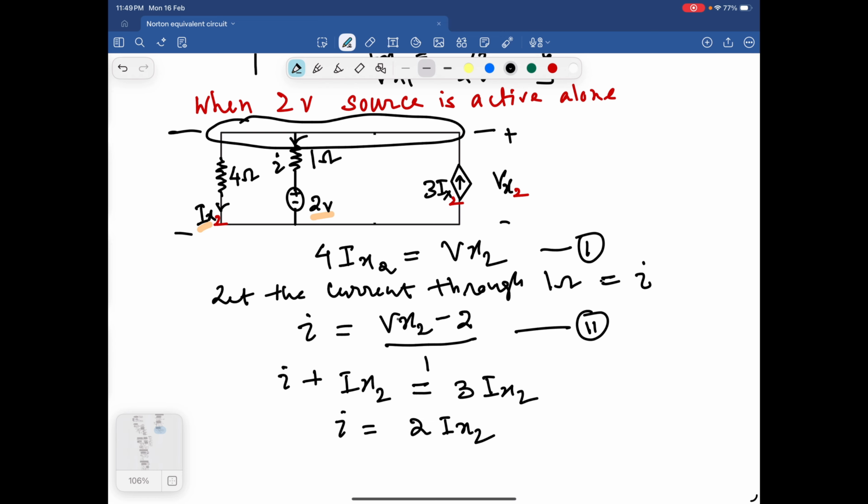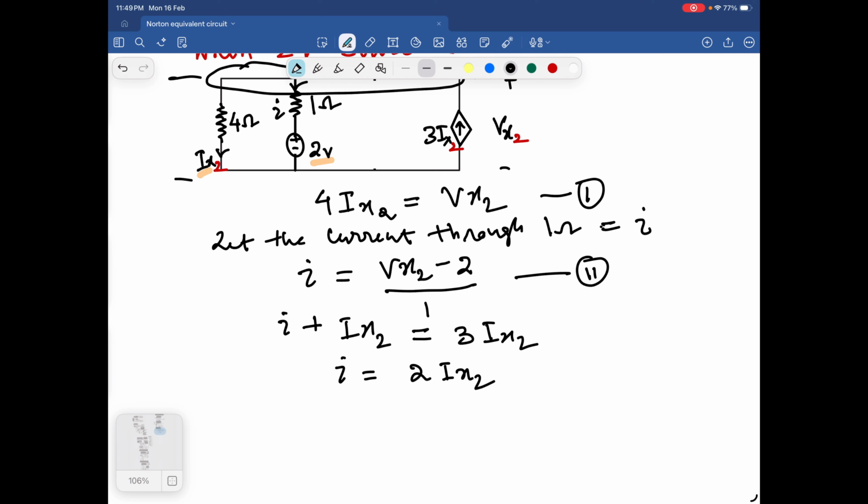So if I put the value of Vx2 as 4Ix2, this is equal to 4Ix2 minus 2.